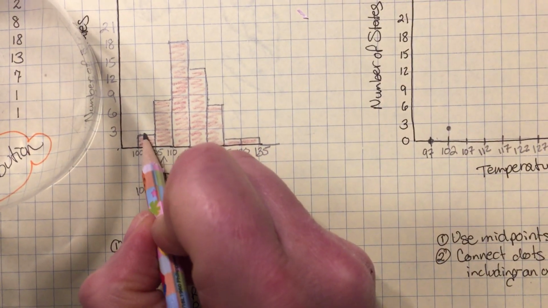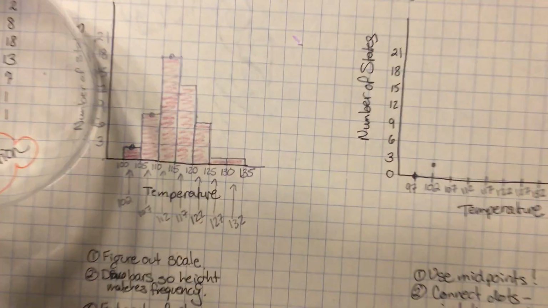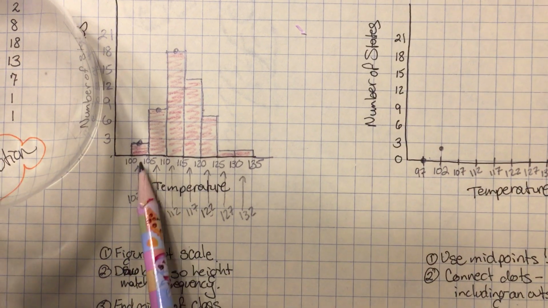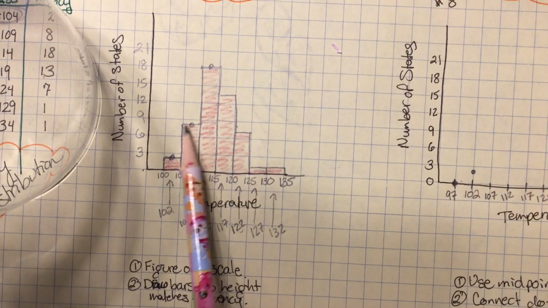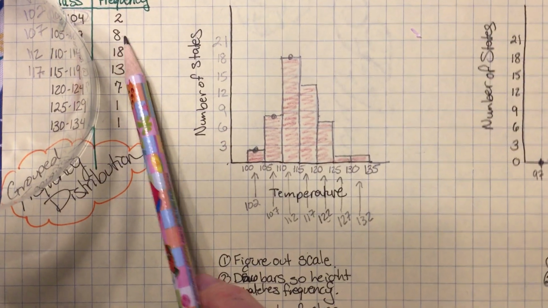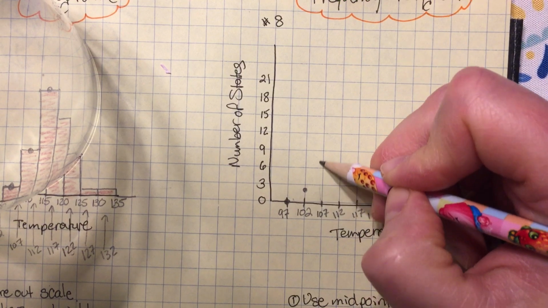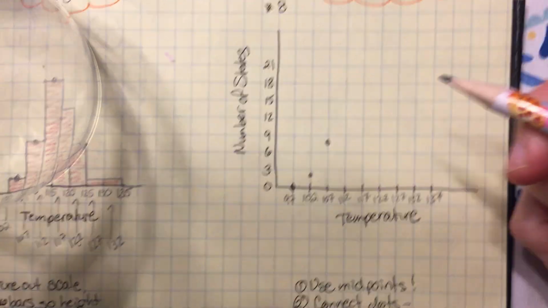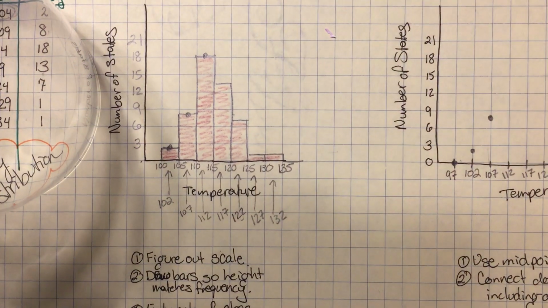Okay, so like if I were to put a dot in the middle of these bars, that's where these dots are going. So this dot was at, let's see, 8. And then this one is up at 18.